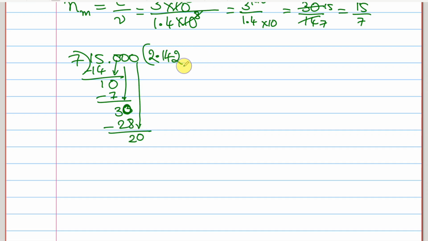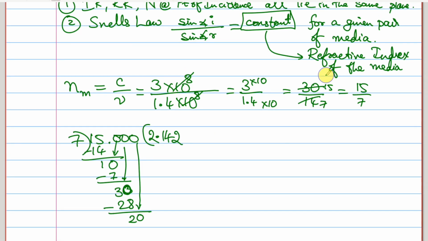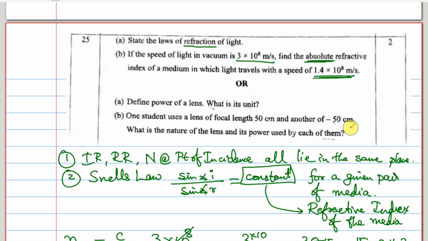So this will be equal to 2.142 or 2.14. So n of m is approximately equal to 2.14. This will be our answer for sub question B.